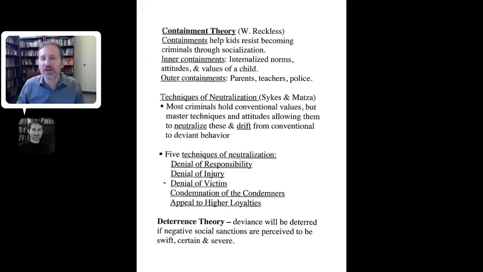Third, denial of a victim. Sometimes this is called denial of an innocent victim. Here, the idea is that the victim somehow brought this on themselves. You could say, for example, in cases of rape, rapists have often used this to say, well, she brought it on herself.